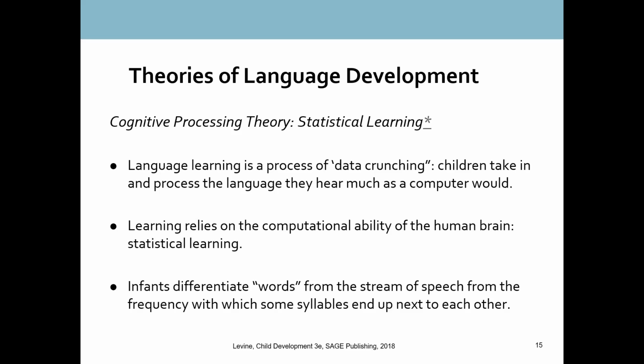This is called a low transitional probability because there are so many things that could follow. There could be a sentence that the elephant is, or the elephant was, or the elephant went, or the elephant had, or the elephant never, or the elephant grew, or the elephant died, or the elephant lived.